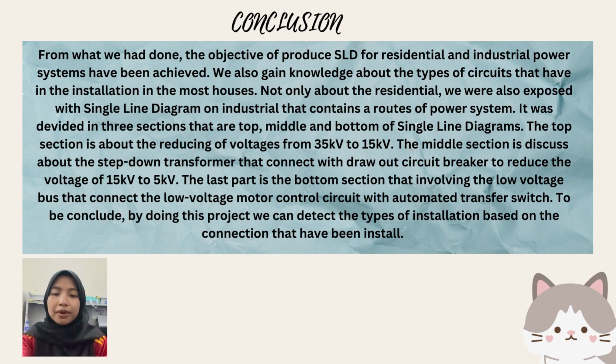The top section is about the reduction of voltage from 35 kilovolt to 15 kilovolt. The middle section discusses the step-down transformer that is connected with the drawout circuit breaker to reduce the voltage from 15 kilovolt to 5 kilovolt.